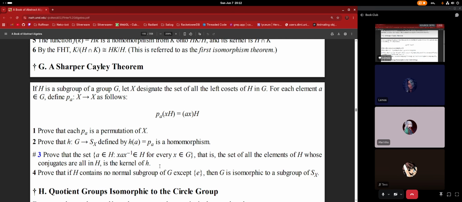It belongs to H, such a in H such that the conjugate is also in H. So somehow we have to show that this goes to identity.